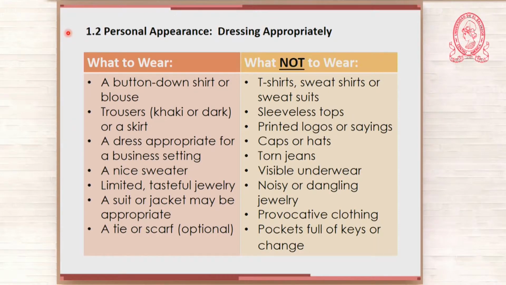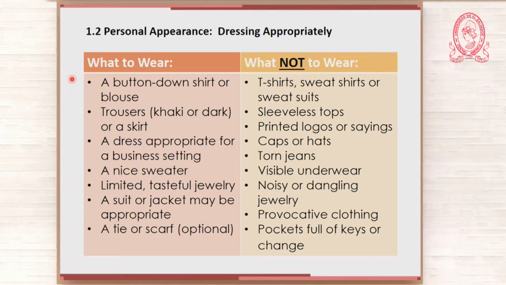Let's see the second subtopic, personal appearance, dressing appropriately. Let's take a look at these two columns, what to wear and what not to wear. Let's see just a couple of examples. For what to wear, a button-down shirt or a blouse, and what not to wear, t-shirts, sweatshirts, or sweatsuits.